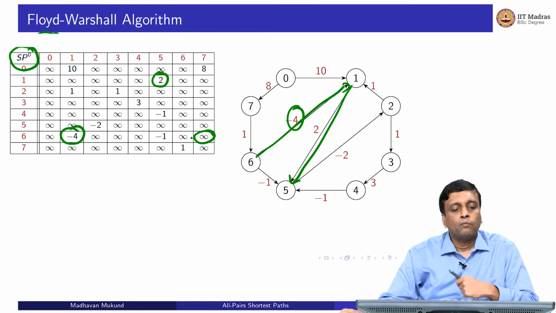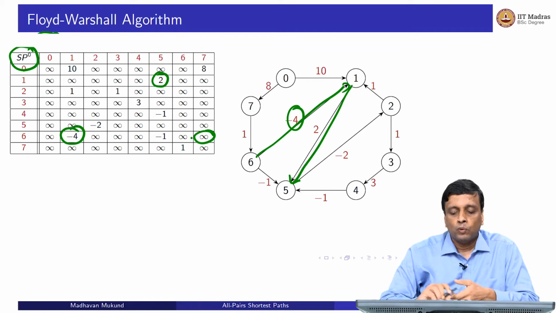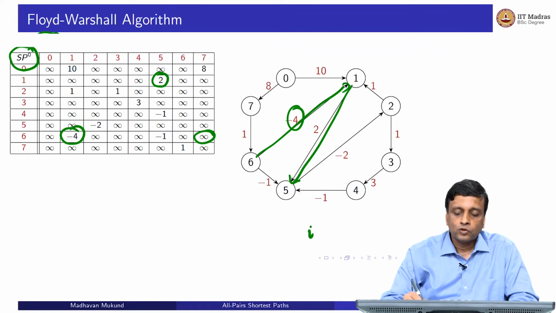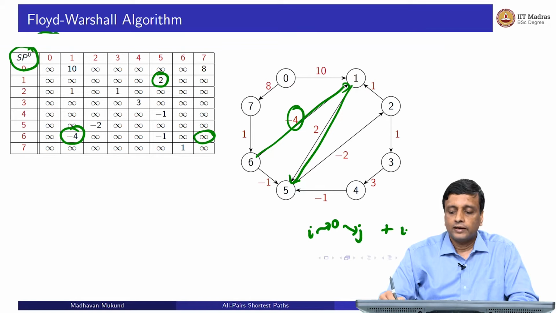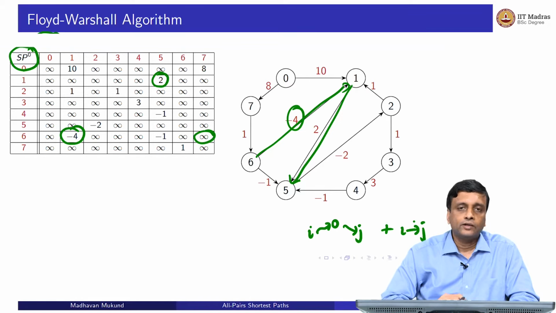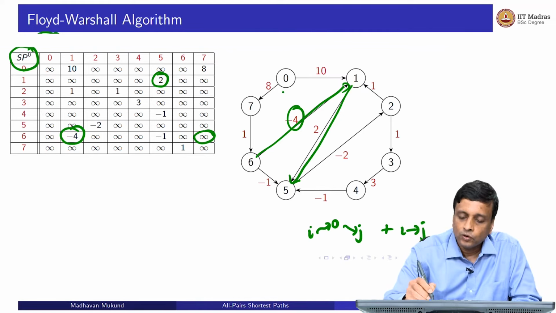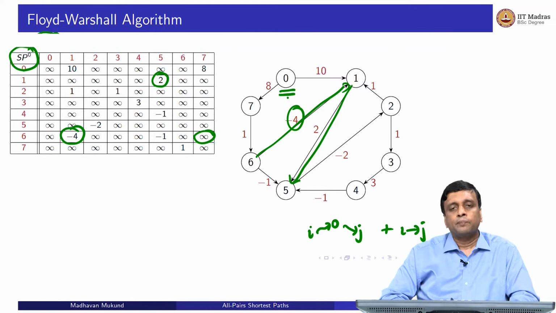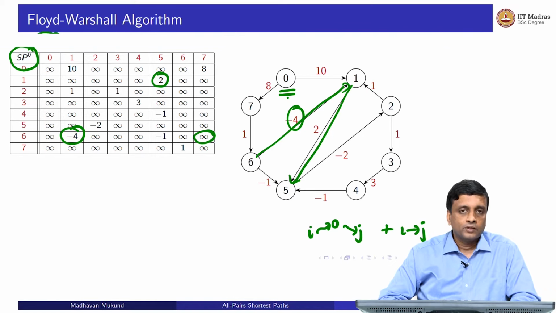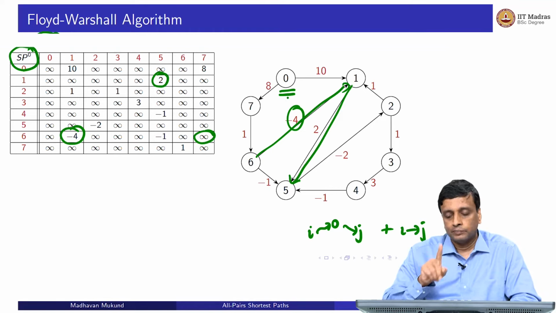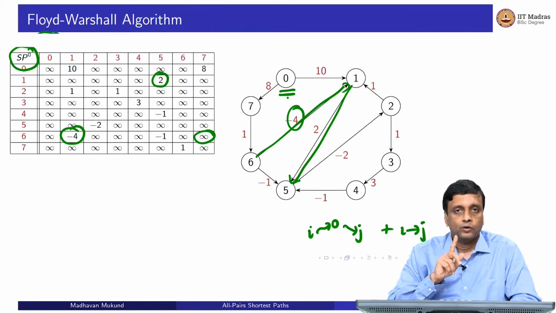So, now I want to calculate SP1. SP1 is all things which go from i to 0 to j, plus i to j. So, either of these two is allowed. Now, if you look at 0 in this particular case, it has a peculiar property that there are no incoming paths to 0, because both the edges from 0 are outgoing edges. So, even if you allow a path to go through 0 and no other vertex, remember SP1 is going to allow me to go through only 0, no other vertex.